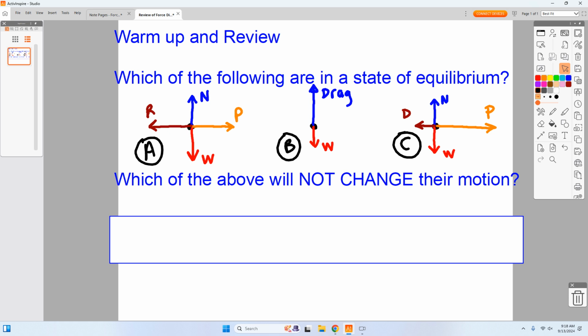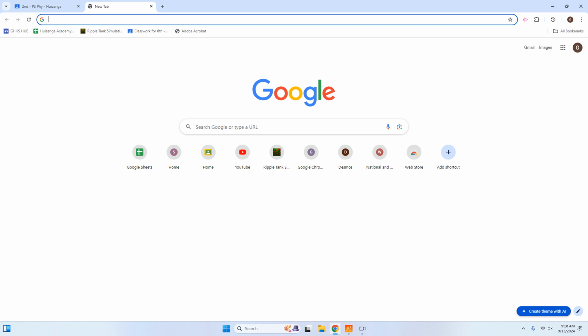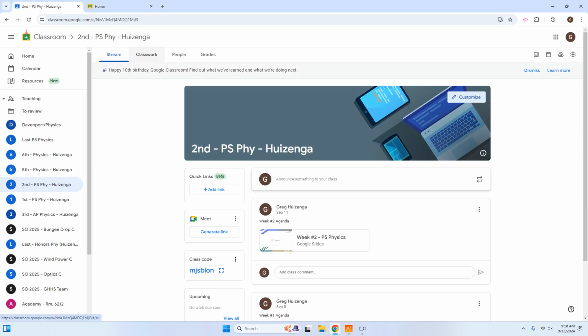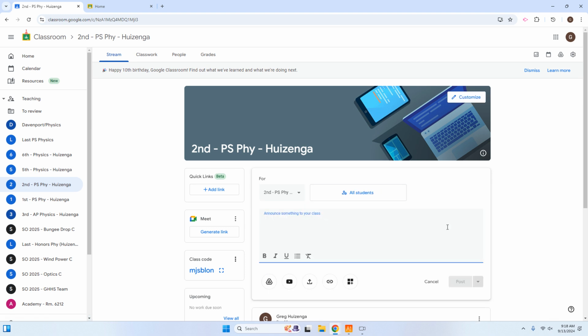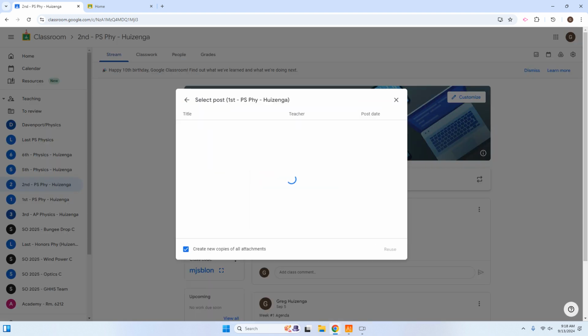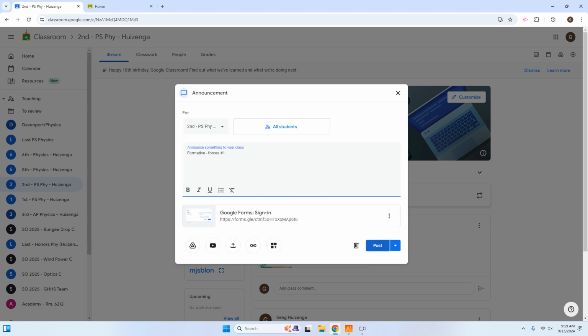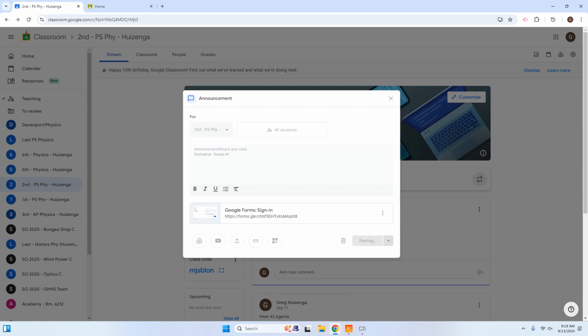So those are literally the same question. But sometimes we state it about changing motion. Now, on your classroom page, you're going to see a formative. I'm going to post it for you right now. What I ask is that you just give me your best answers.